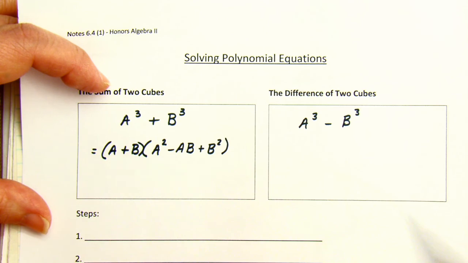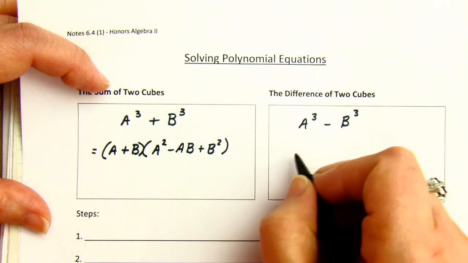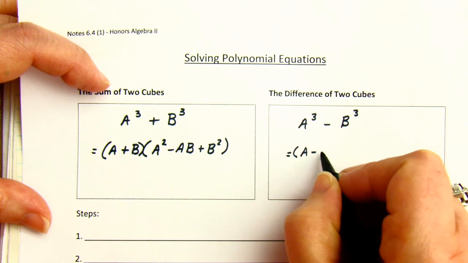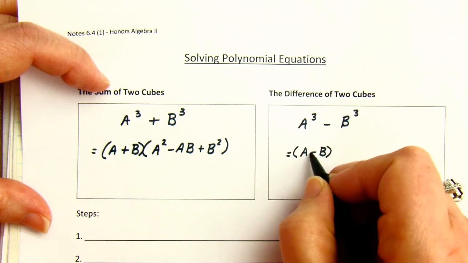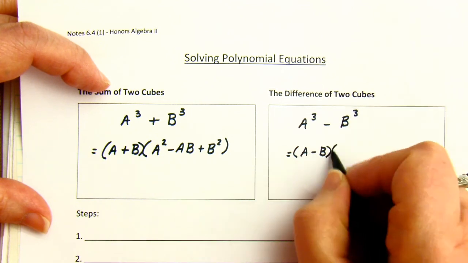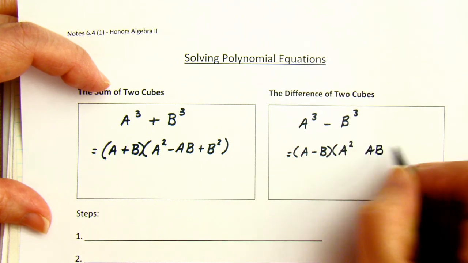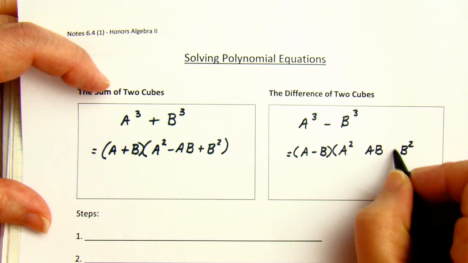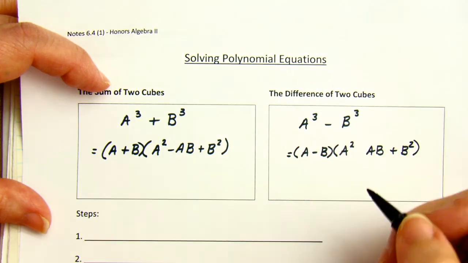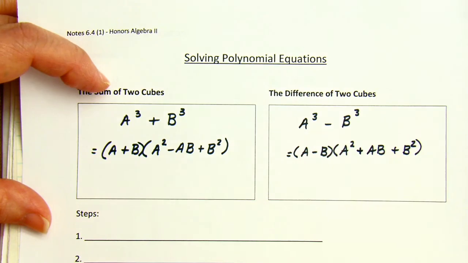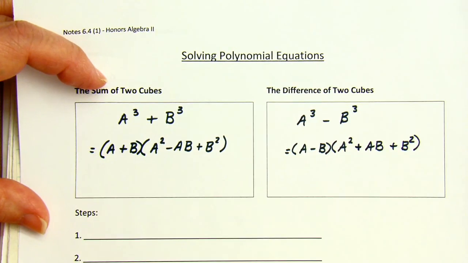Okay, and similarly, you still get your a and your b, but this time minus, right? That's minus, that's minus. But this looks very similar. That's a squared, that's ab, that's b squared. It has to be plus b squared. And this one, if that's minus, this is plus. Okay, so a little review on the formulas for factoring the sum and difference of cubes.